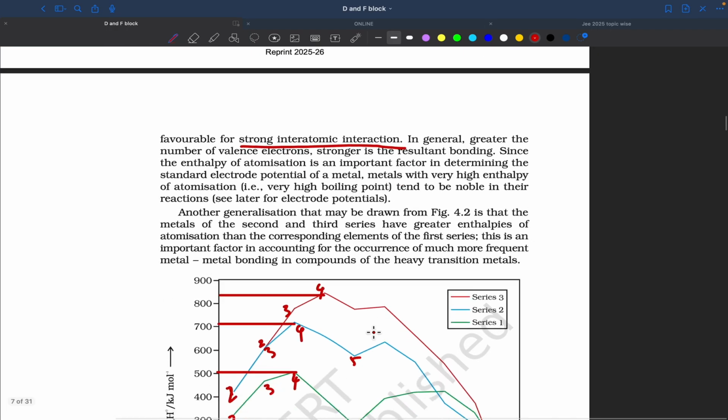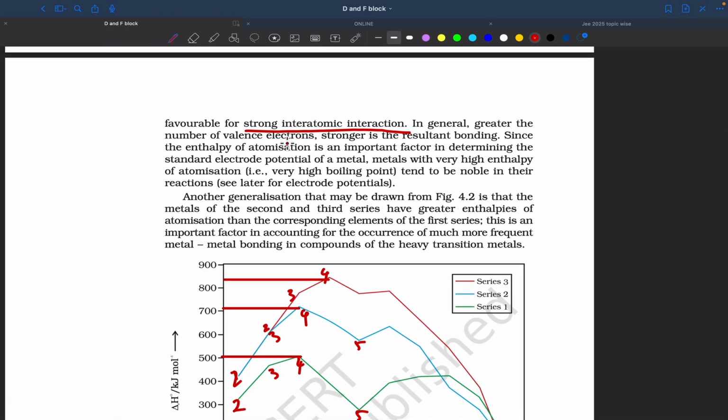In general, the greater the number of valency electrons, the stronger is the resultant bond. Since the enthalpy of atomization is an important factor determining the standard electrode potential, metals with very high enthalpy of atomization and very high boiling point tend to be noble in their reactions, right?